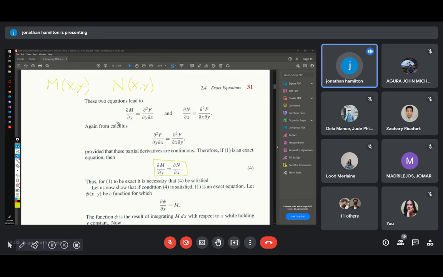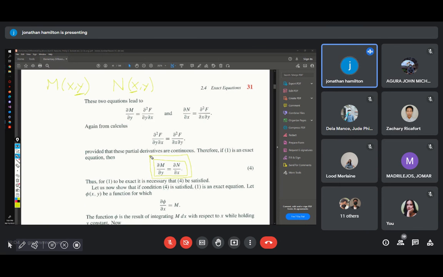So again, we are only deriving one variable: for our function m, we derive with respect to y, and for our function n, we partially derive with respect to x. Which means if we find these partial derivatives, they should be equal for the equation to be exact, which is known as the test of exactness, where we test if the equation is exact.